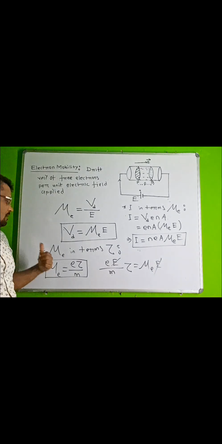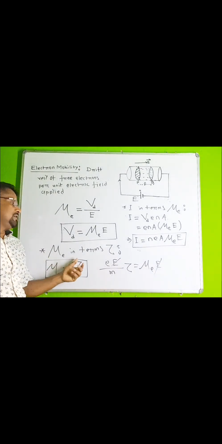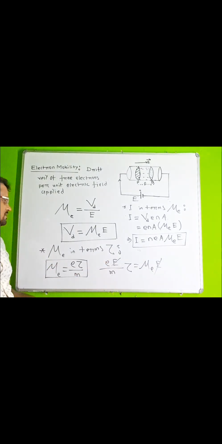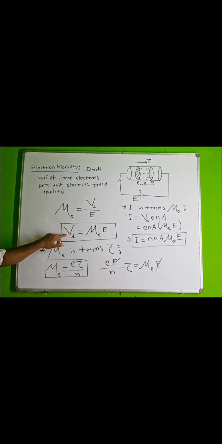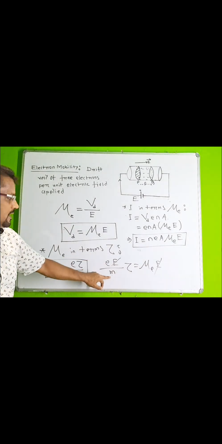And then electron mobility mu e in terms of tau: simply replace this drift velocity v_d, known to us as eE by m into tau.